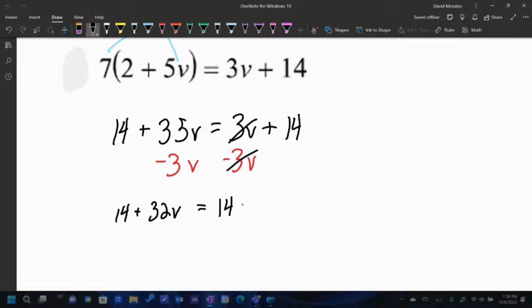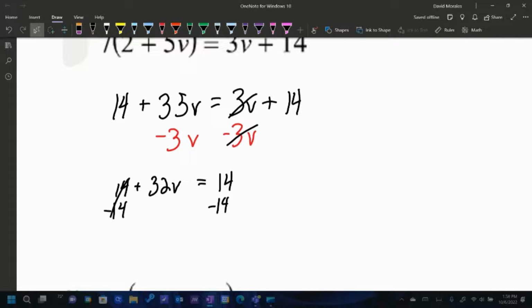Then I subtract 14 on both sides, and 32v equals 0.